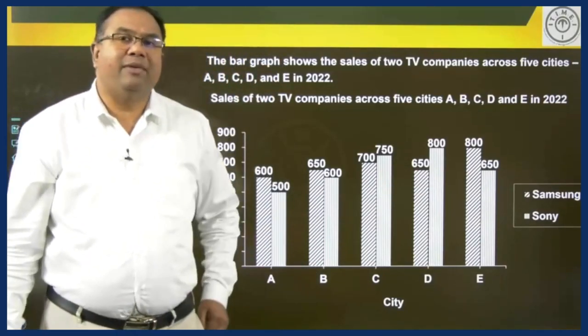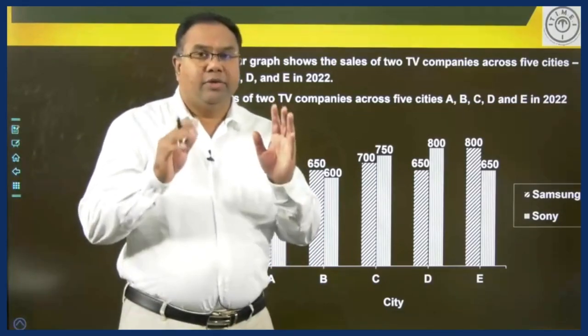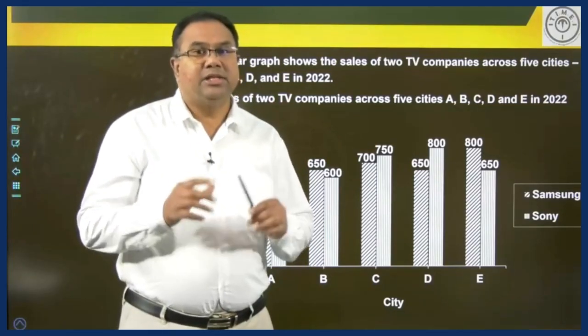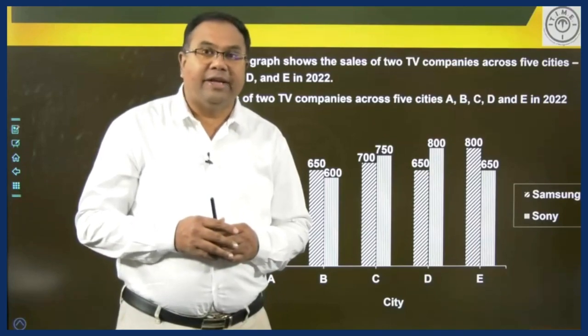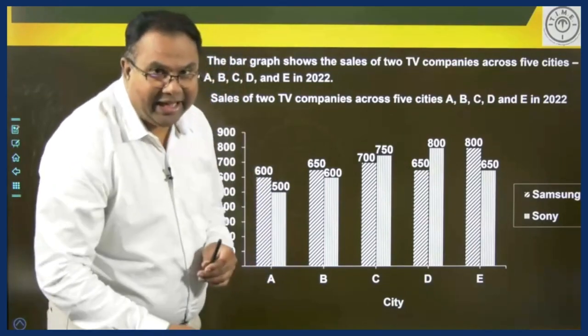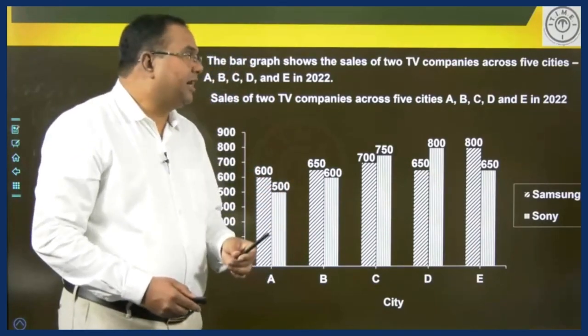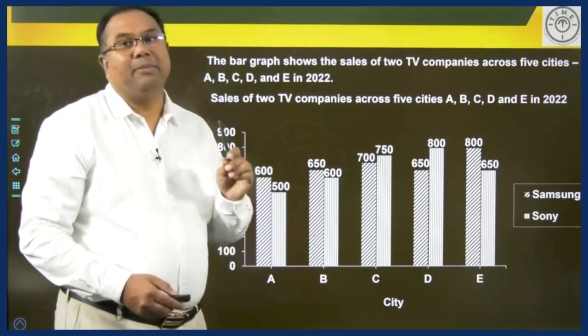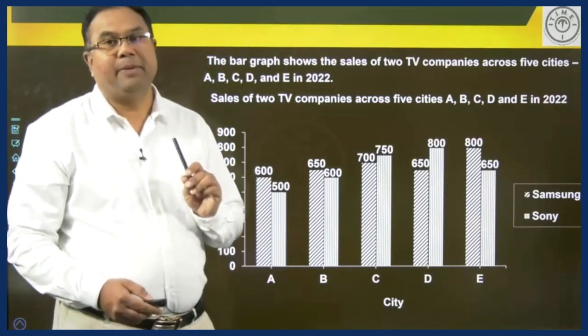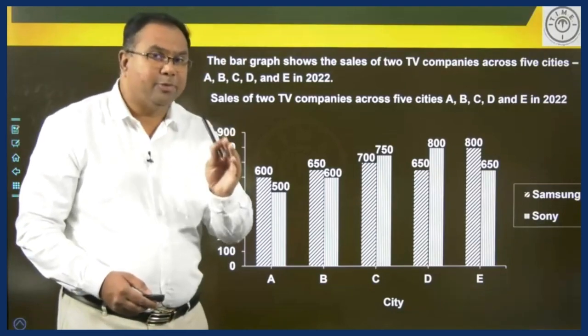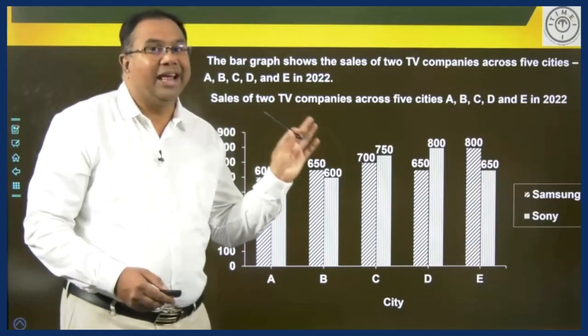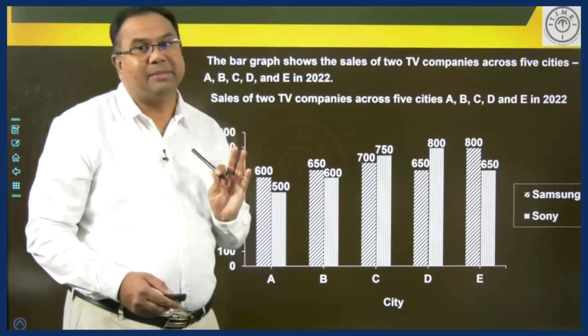So, this is the basic information about your bar graph, right. We have sales of 2 TV companies in 5 cities A, B, C, D, E, right. This particular set is your clerk prelim exam set. This has appeared in your IBPS or SBI clerk or RRB clerk level prelim exam set, right.